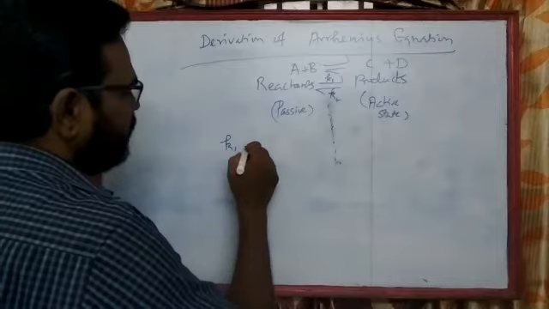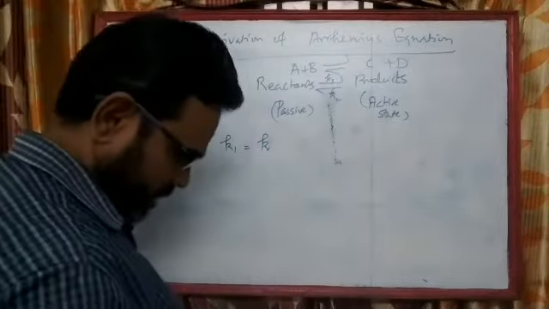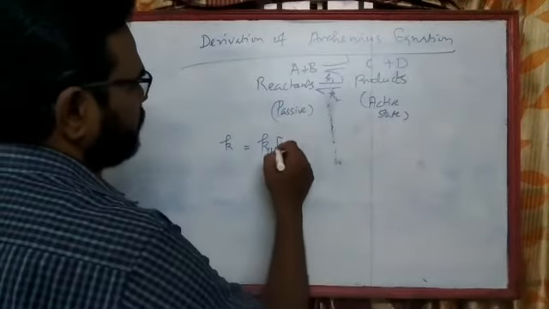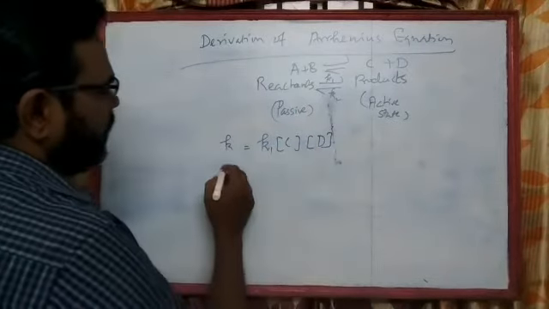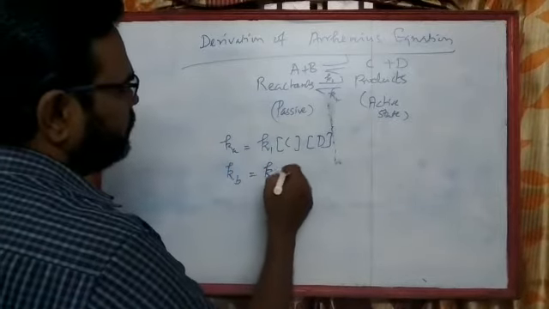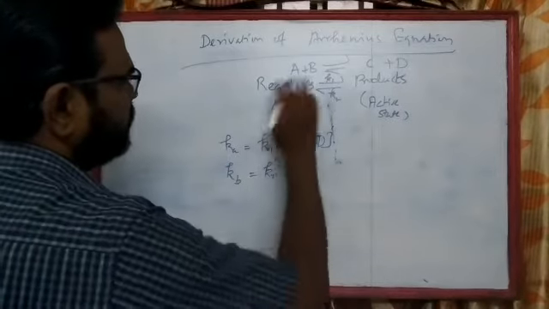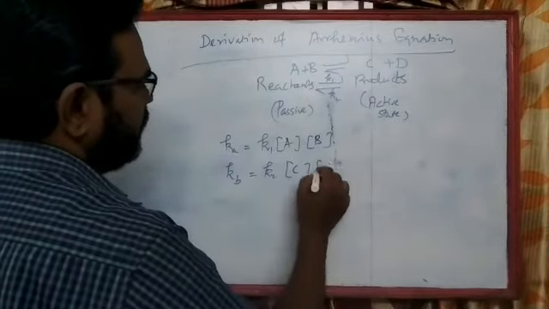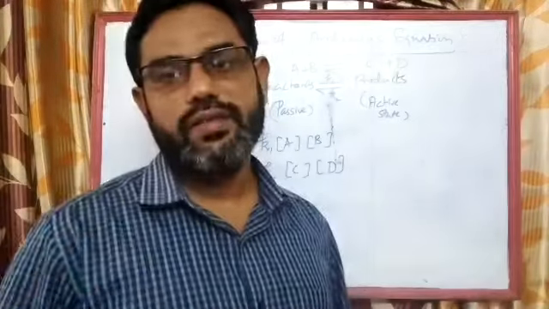The rate of the forward reaction is equal to the rate constant K1 times the concentrations of the reactants, and the rate of the backward reaction is equal to K2 times the concentrations of the products. So the rate of the reaction is equal to the rate constant times the concentration of the reactants.